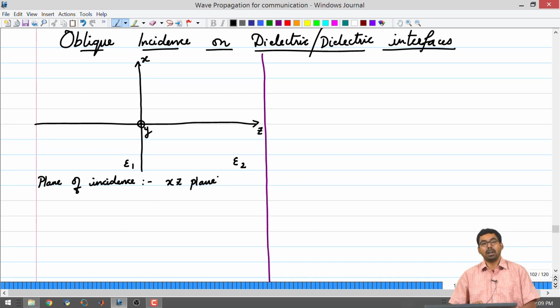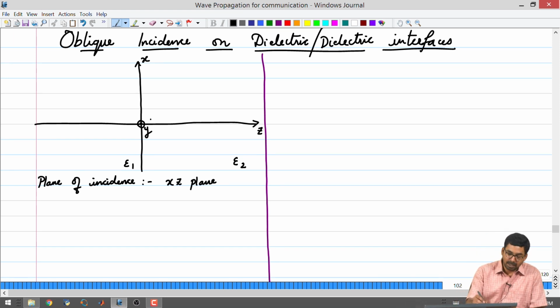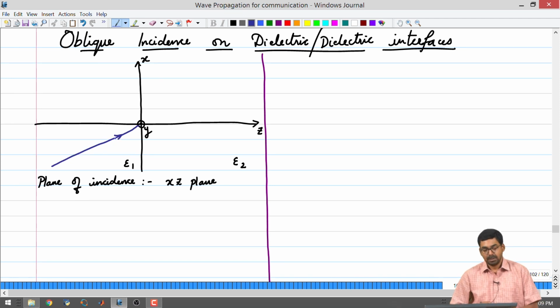So, whenever people talk about plane of incidence, okay, you have to draw this diagram with the dielectric discontinuity, and you also need to mark some incident, reflected, transmitted waves, etc. So, I will go ahead and draw an incident ray. Okay. So, the incident ray goes and hits the interface at the origin.